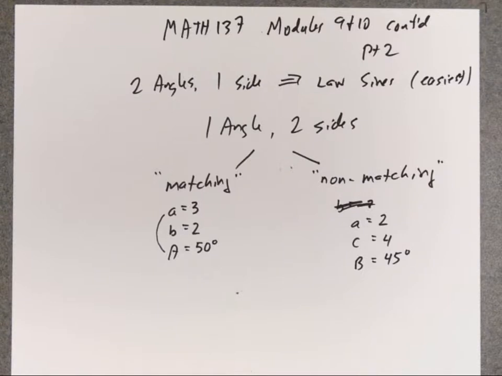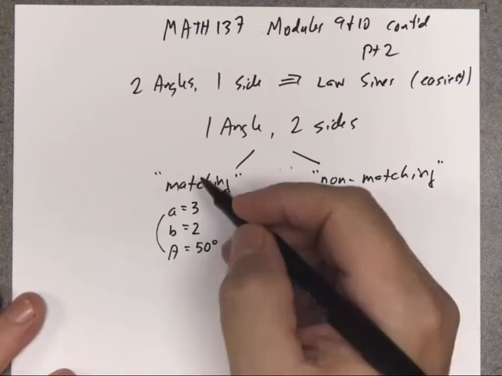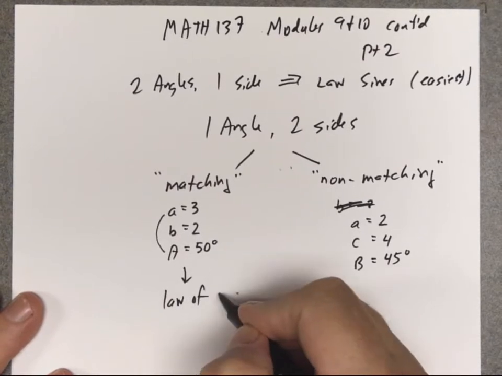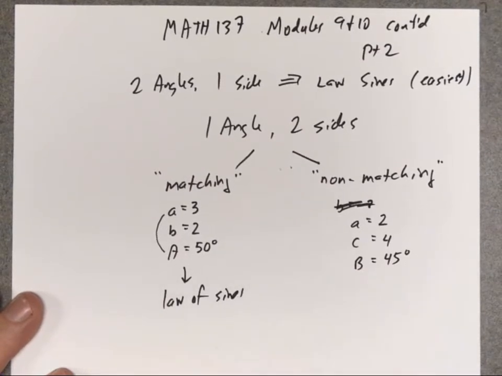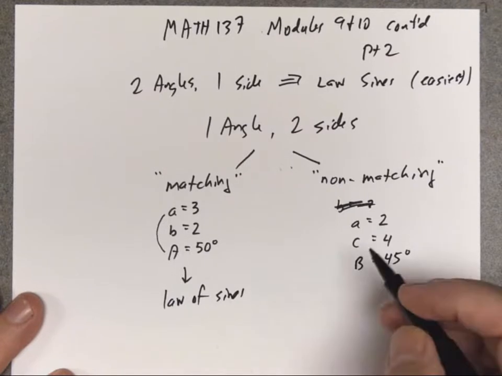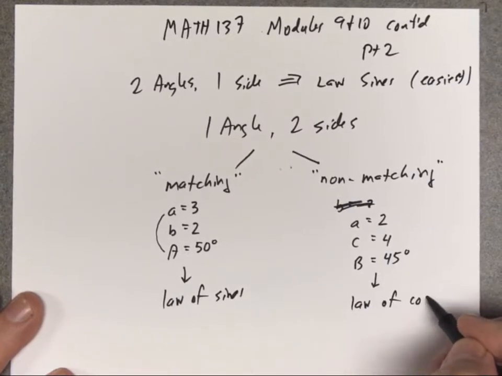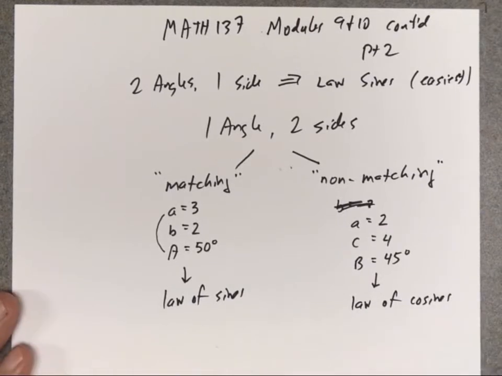The reason that's important is because for matching, we're going to use law of sines. For non-matching, law of cosines.